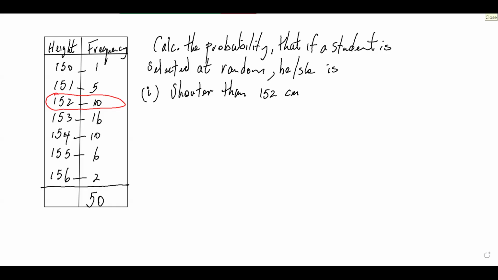I said less than 152. How many numbers are less than 152?